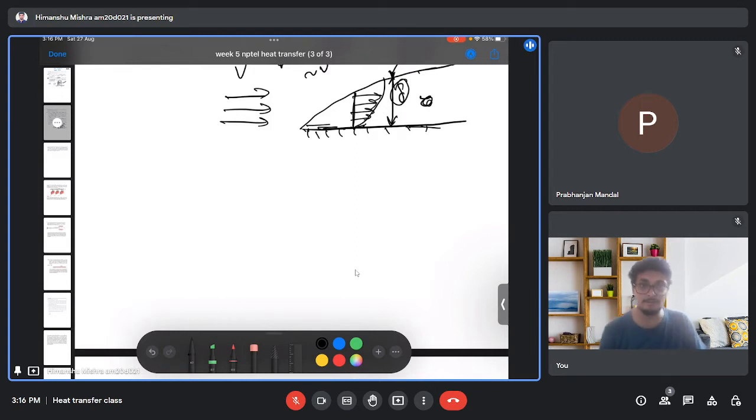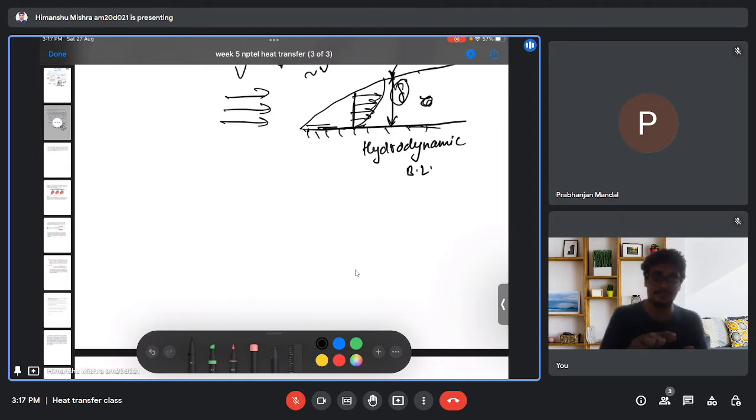First is the hydrodynamic boundary layer, which I have shown. This is my hydrodynamic boundary layer which will be developed due to the motion of the fluid which is sheared over the flat plate surface. And since the fluid is at some certain temperature, there will be a temperature gradient also, like the velocity gradient.